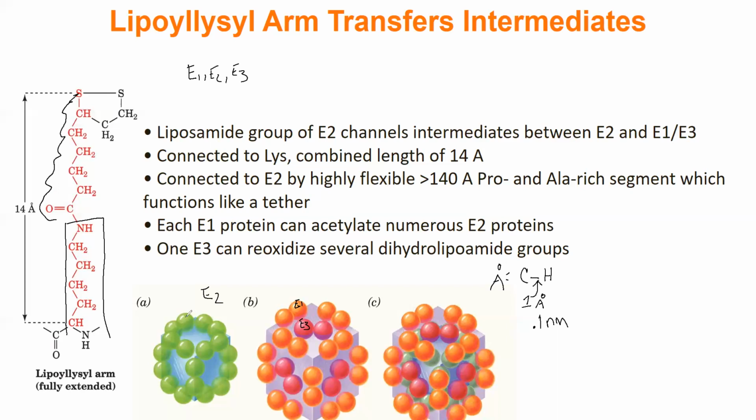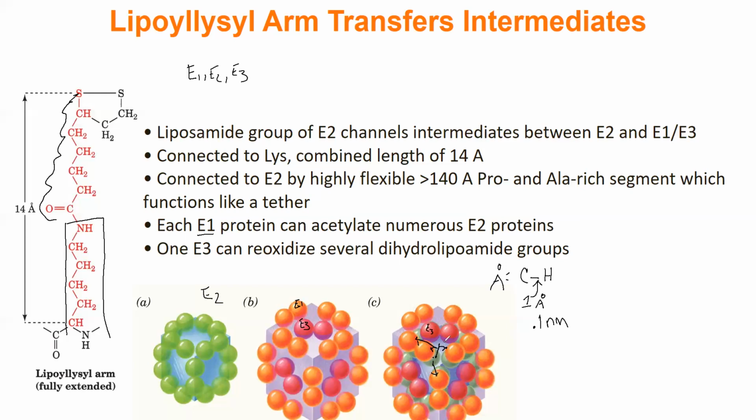If you can imagine, each one of these green spheres has a little arm that reaches out, and it can go interact with any E1 molecule that's near it, and then it can go interact with E3. That's why it says each E1 can acetylate numerous E2s. They're all in very close contact, and E3 can interact with various E2s as well.